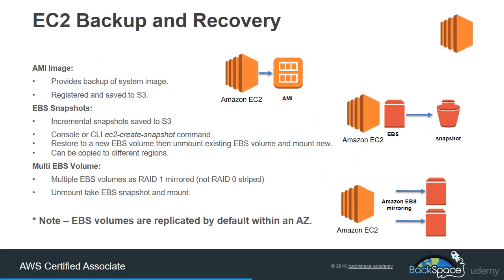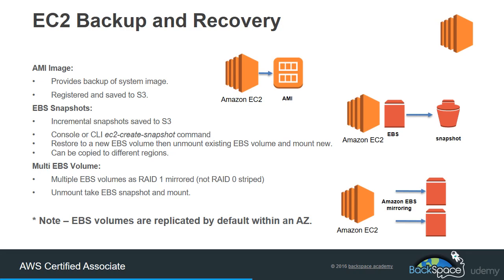So EC2, backup and recovery. Our AMI image provides a backup of our Amazon EC2 system, and that will be registered and then saved to Amazon S3, and we can recreate an EC2 instance based upon that AMI image.